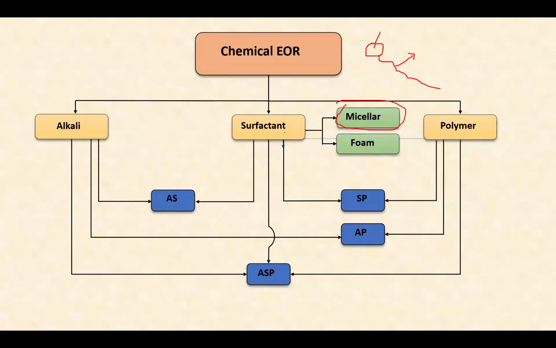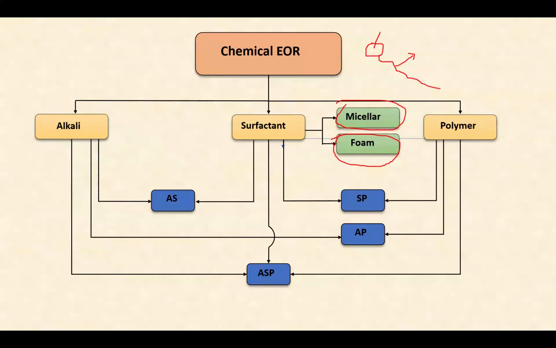And you know that surfactant can also have some foaming properties that significantly improve the mobility ratio, also by improving the viscosity of the chemical slug. So then you can get both benefits, that is, the reduction of interfacial tension, wettability alteration, emulsification, and at the same time the viscosity improvement.